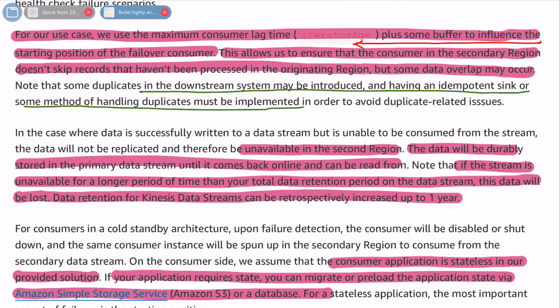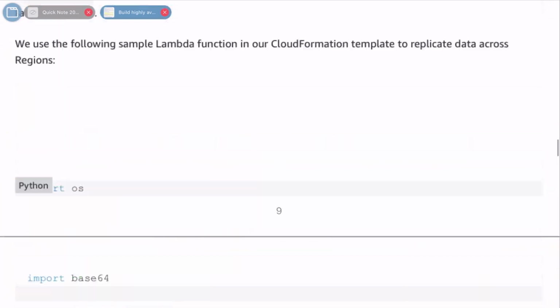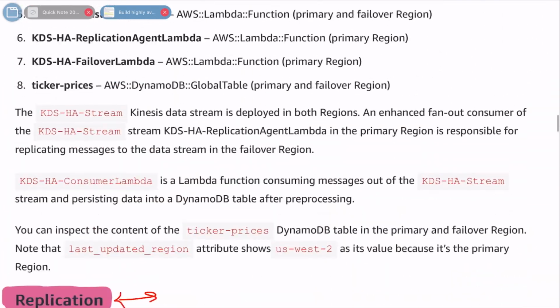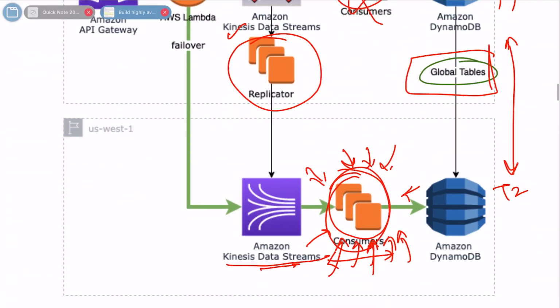Okay, and there is another thing. Whenever the switching happens in this architecture, this Kinesis data stream has all the data, right? So let's say this goes down at 3 p.m. and you switch to the architecture in region 2.